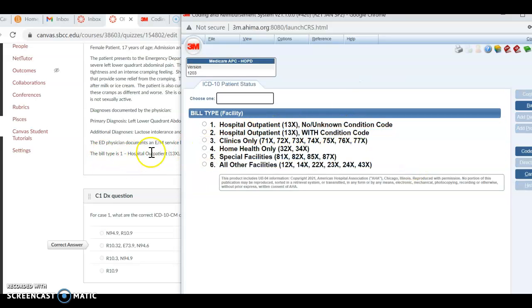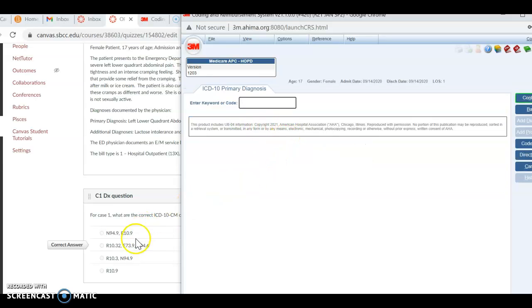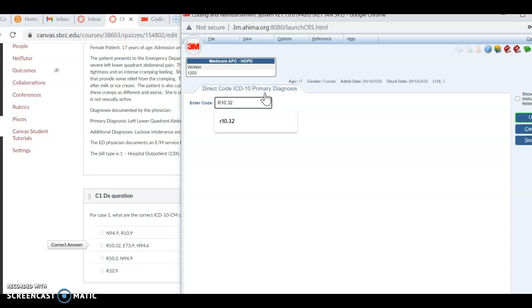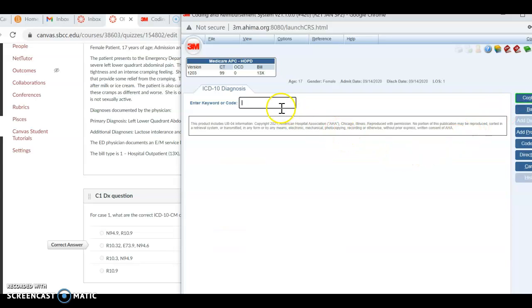So we have Bill type 1 hospital outpatient. So it's going to be number 1 right here. Primary diagnosis, I'm going to go with the lower quadrant pain. So that's in, we have that. We're going to go ahead and then just add the other 2 diagnoses.